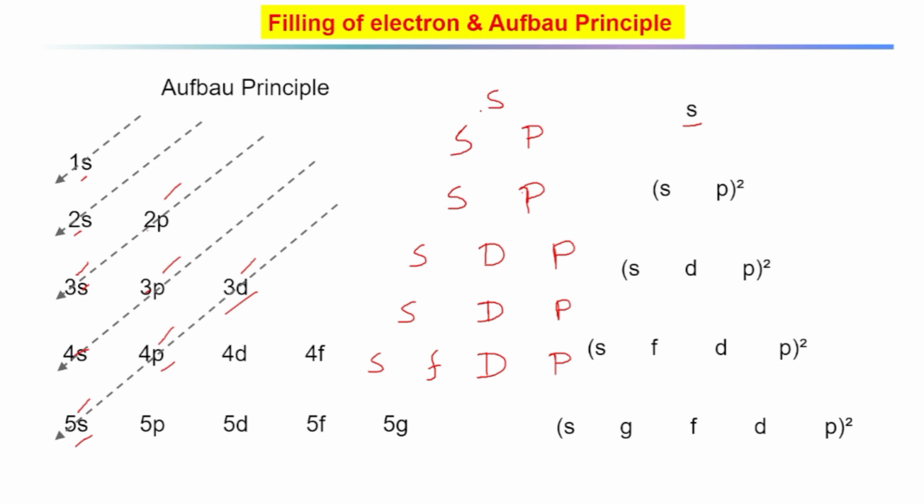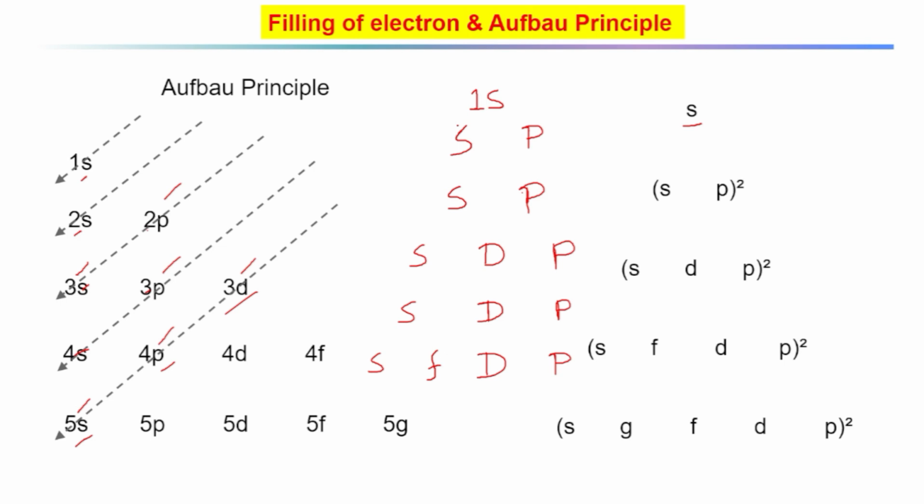Now this is kind of pyramid-like order, right? First we have s on top, then sp, again sp, then sdp, again sdp. Now you have to remember, these s and p are actually ns, np, meaning this one is the first row, so this one will be 1s.